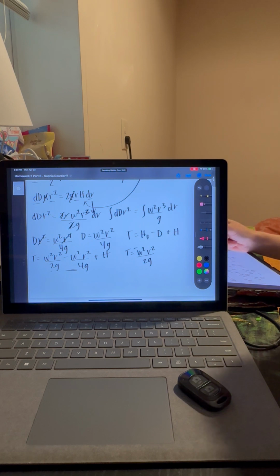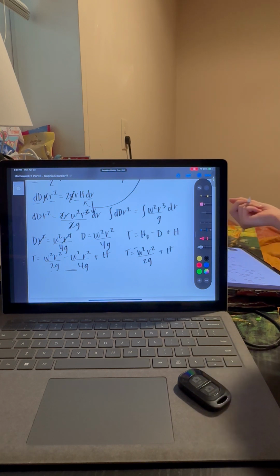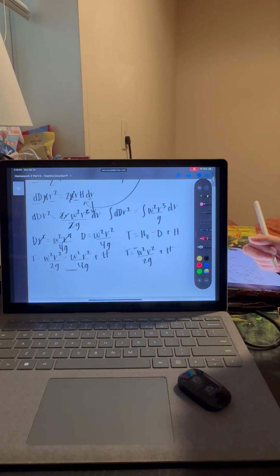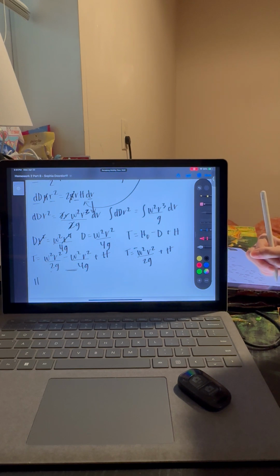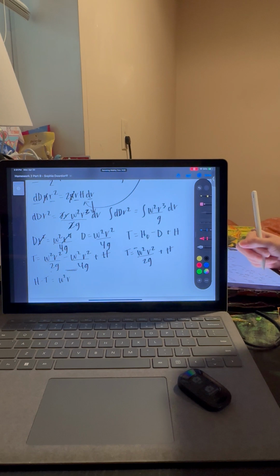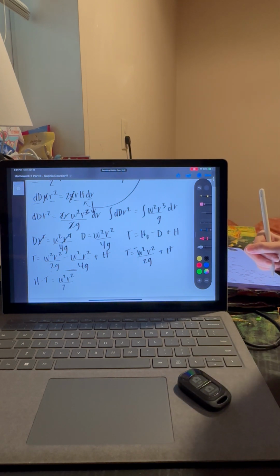Negative, apologies, plus H. So we're going to move this to the other side and then get rid of our negative, and that will look like H minus T equal to omega squared R squared over 2G.